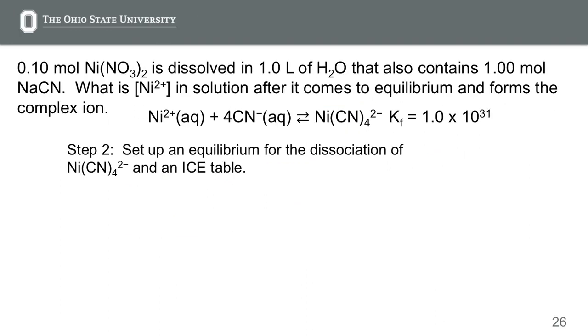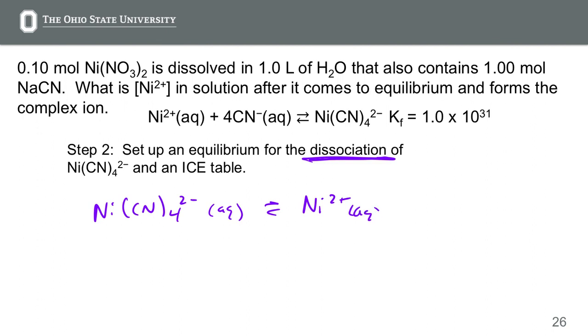Step 2 is set up an ice table, and this is for the dissociation of the nickel complex ion. So we have Ni(CN)4 2 minus in equilibrium with nickel 2 plus and 4 CN minus. Our ice table, we use concentrations. Conveniently, this is in 1 liter.